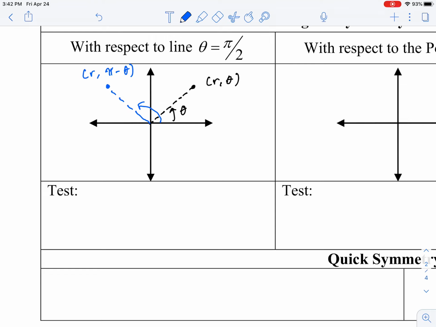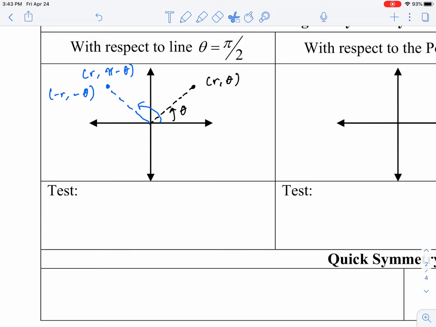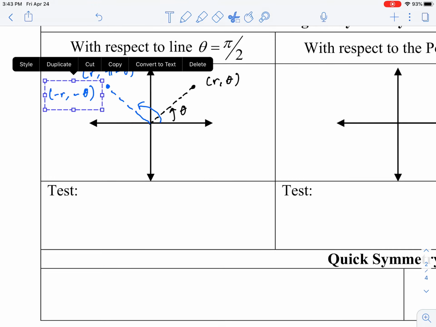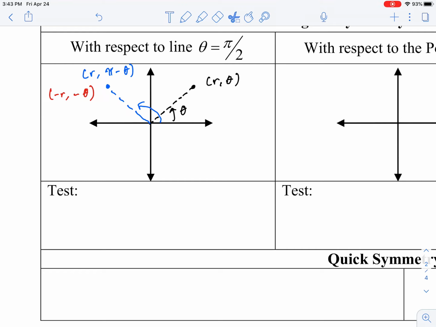Another way of describing it, conversely, is the following. We could use the opposite value of r, which would give me something that is just reflected over the pole. But what if we used negative theta here? Let's make that red so we can see it matching up here.